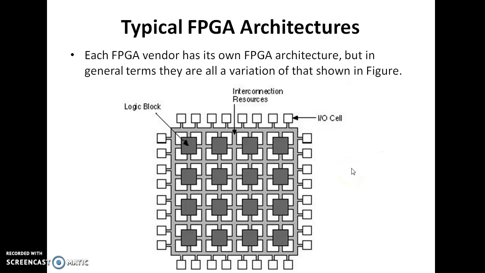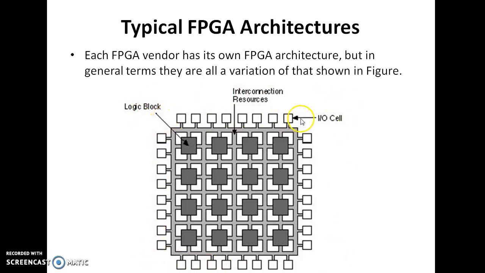So this is a typical FPGA architecture. Of course the FPGA is an IC, a single IC like a CPLD, but the architecture is different. So an FPGA is a single IC where you can realize complex logic functions.